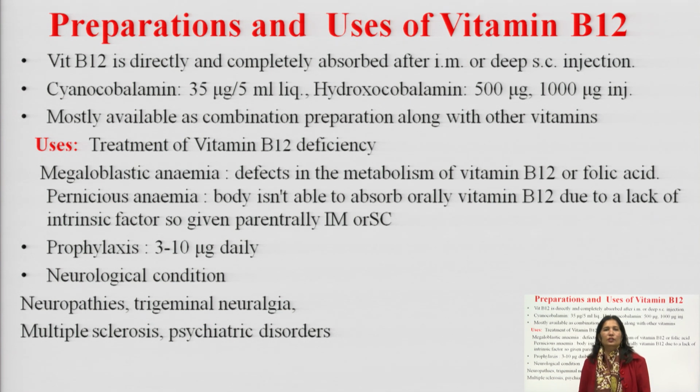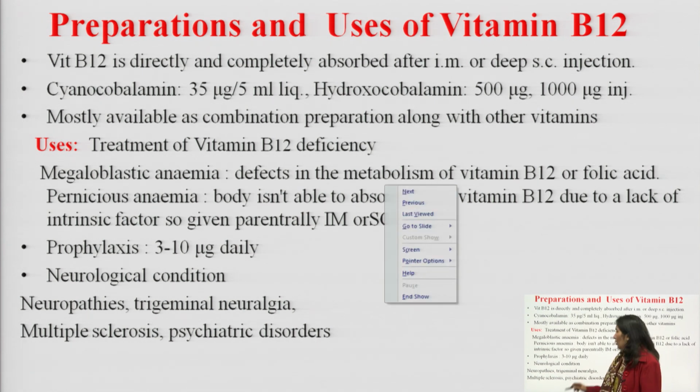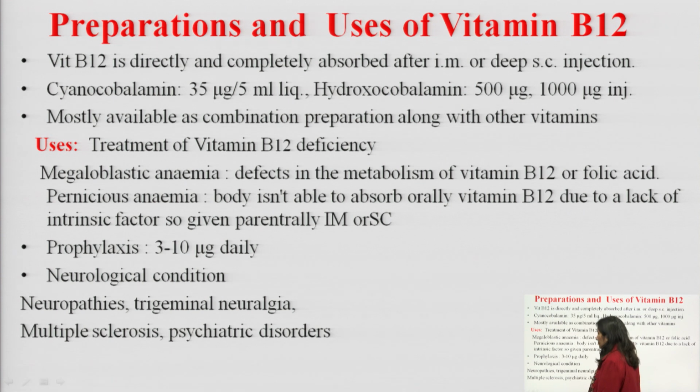As we know, vitamin B12 can be used in the treatment of vitamin B12 deficiency, and vitamin B12 deficiency causes megaloblastic anemia, because there is a defect in the metabolism of vitamin B12 or folic acid.